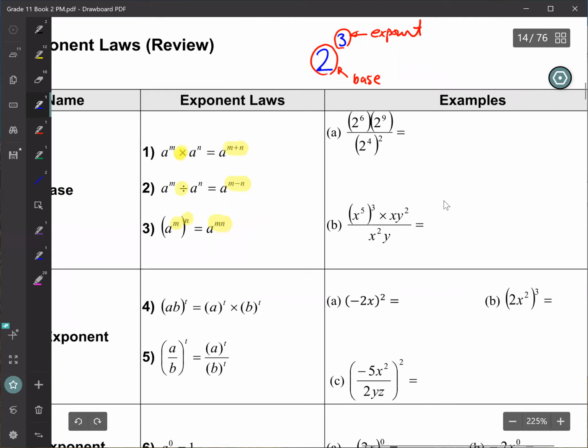Because this is review, I'll see if you guys remember or you need any review. So please do A and B right now, and I'll pick some of you to answer.